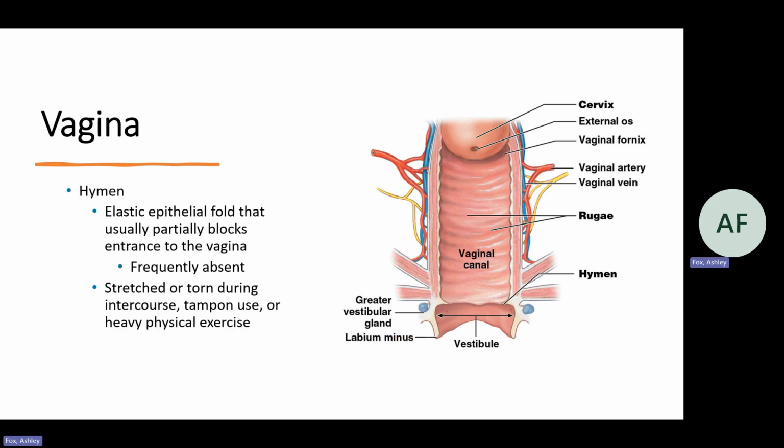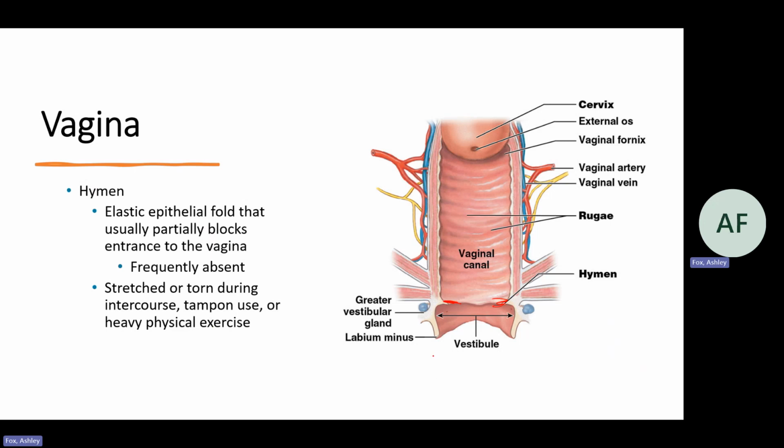We also have the hymen. The entrance to the vagina has a tissue or epithelial layer that can partially block the entrance. Oftentimes this isn't around. Sometimes it can be there, but it can be stretched or torn, not just because of intercourse, but also because of other things like tampons or even just heavy exercise.